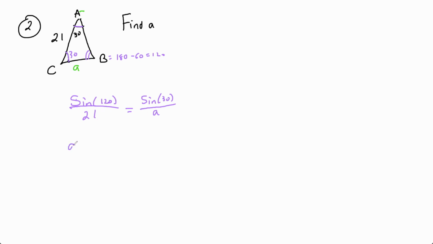Cross multiply, giving me a sine 120 is equal to 21 sine 30. And recognize again that this is my variable, and I have that times this whole number. So to move this over, I'm going to divide by sine 120.